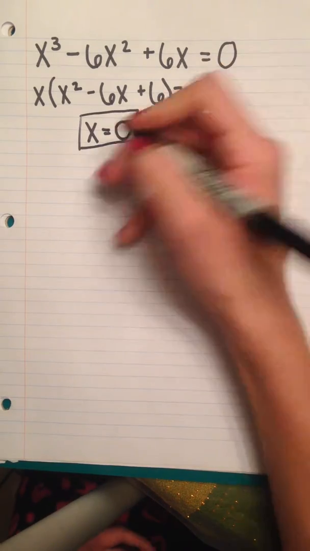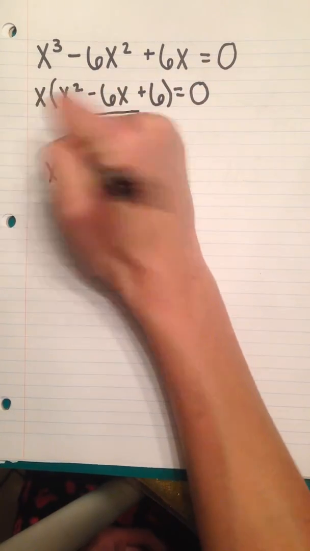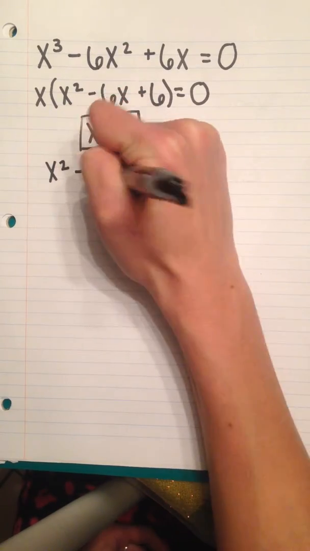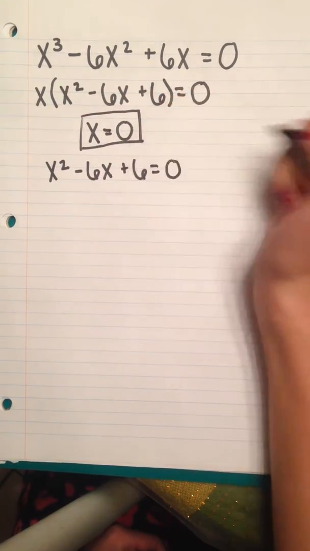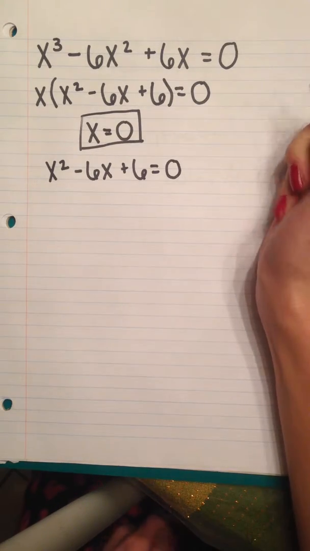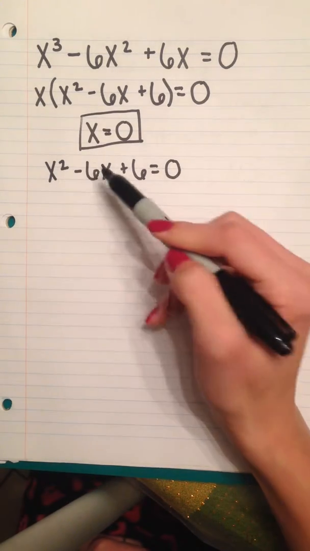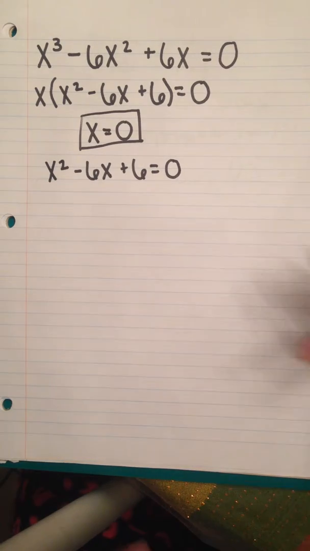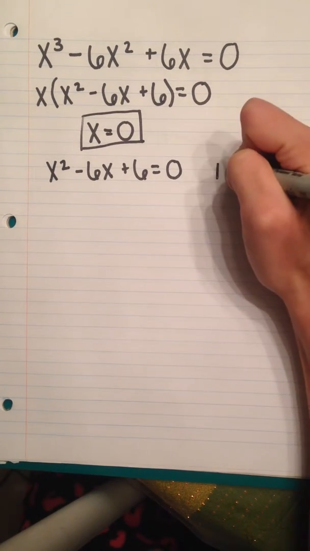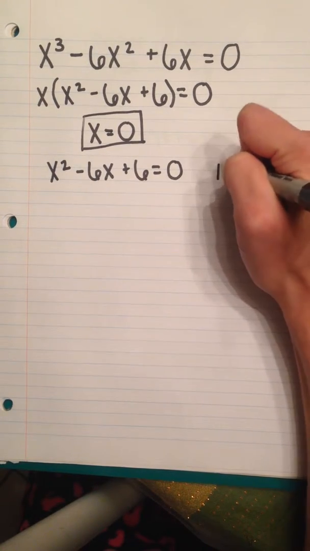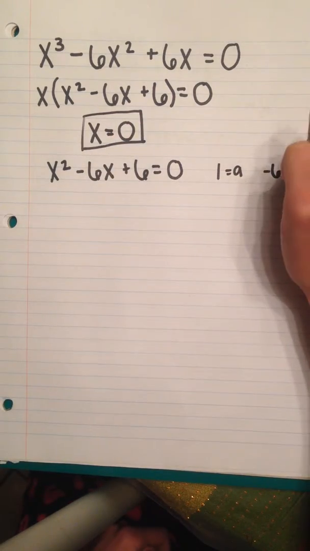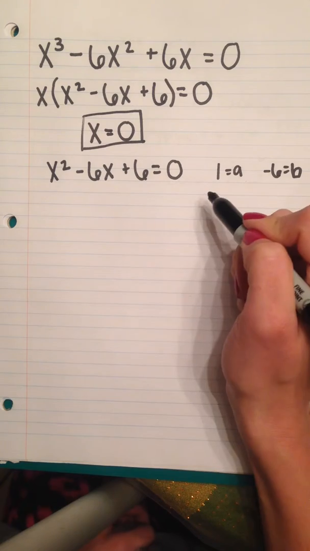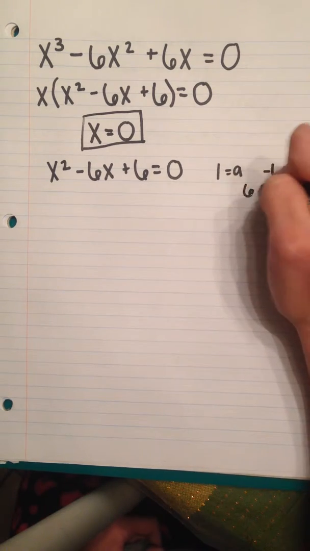Now taking the second term, we have x squared minus 6x plus 6 equals 0. We can recognize right away that this is a quadratic equation with 1 as our a, negative 6 as our b, and positive 6 as our c.